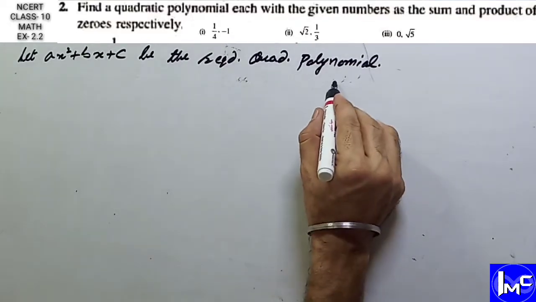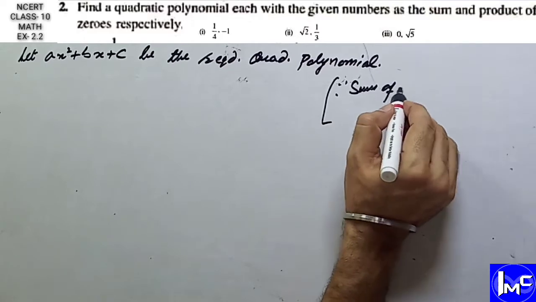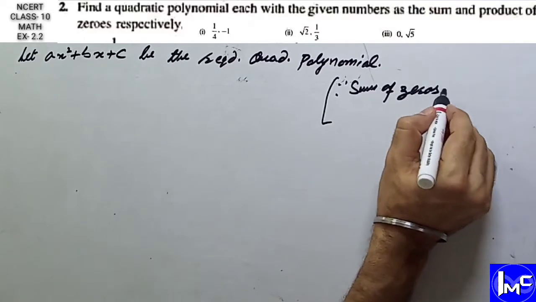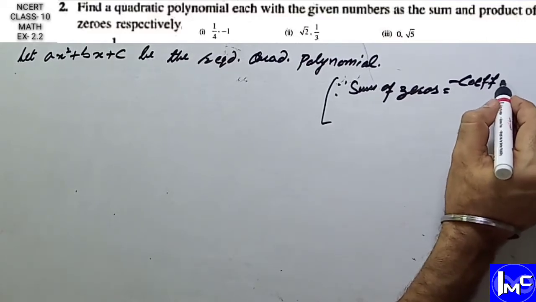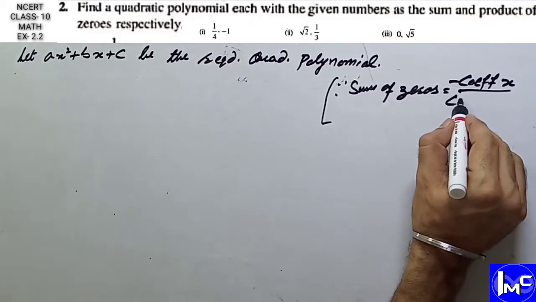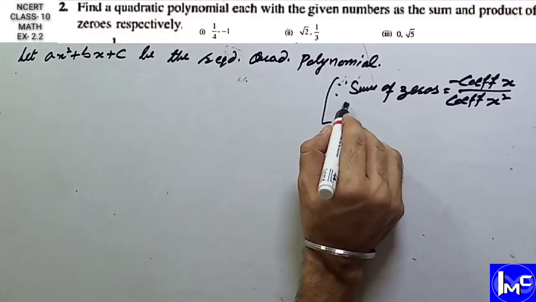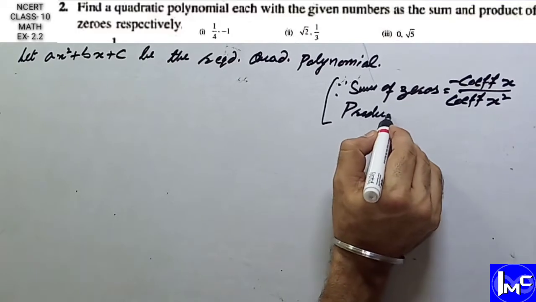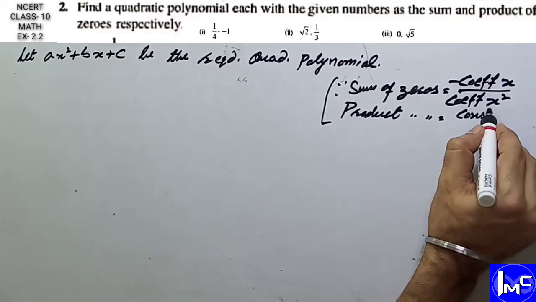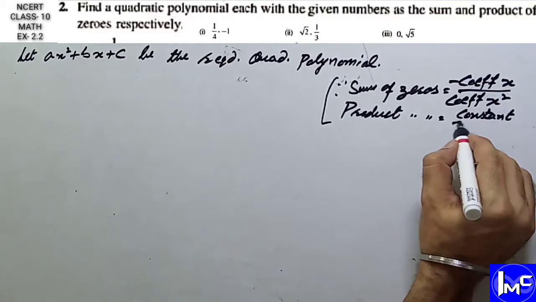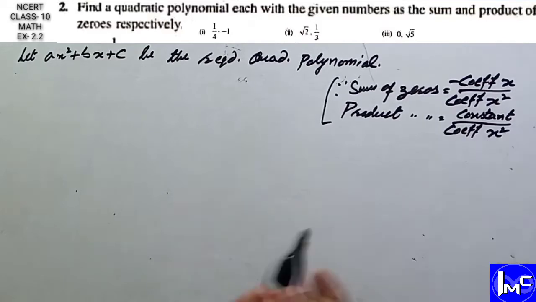and we know that again the sum of zeros is equal to minus coefficient of x over coefficient of x square, and the product of zeros is equal to the constant over the coefficient of x square.